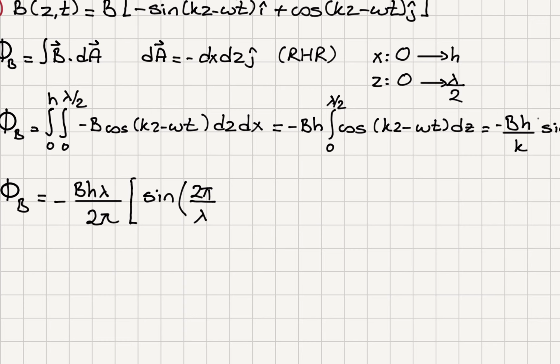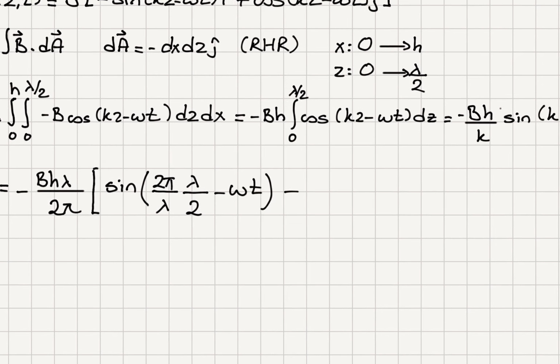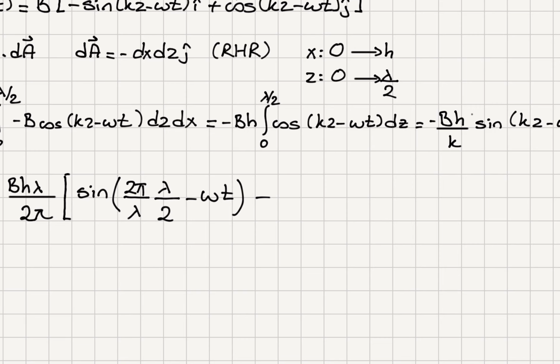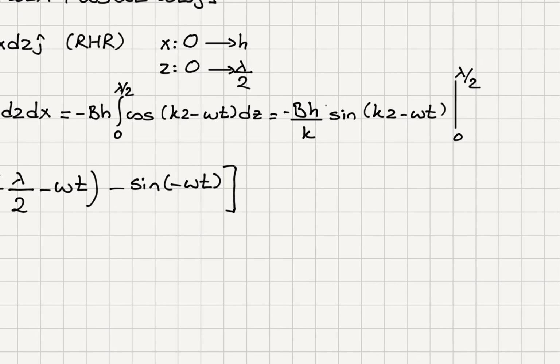I evaluate that at z equals lambda over 2, so it's sine(pi minus omega t), minus, evaluated at z equals 0, I obtain sine of minus omega t. So that's my evaluation at z equals 0.